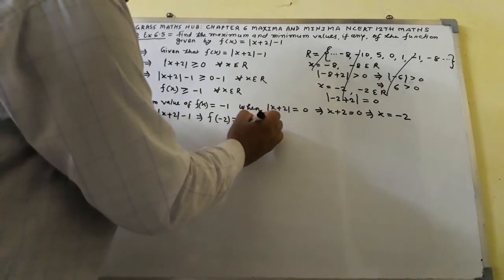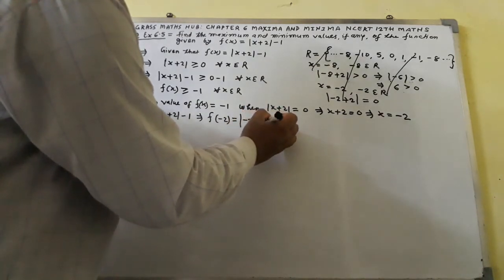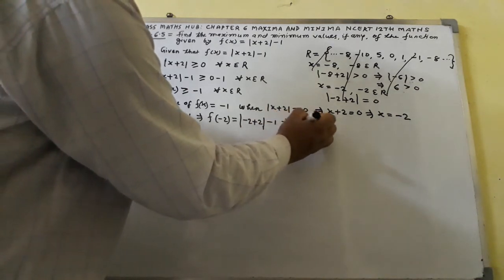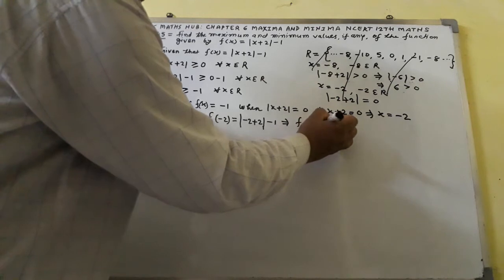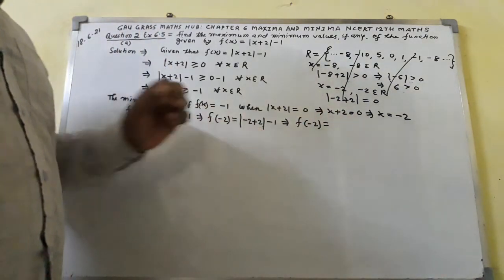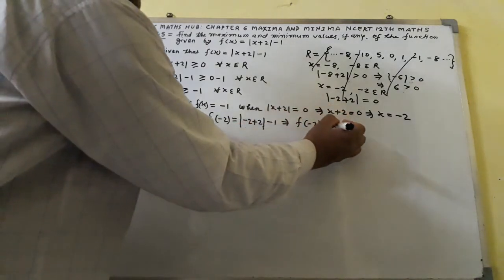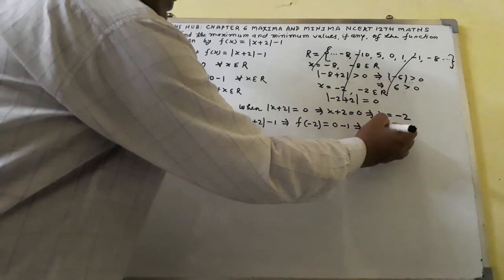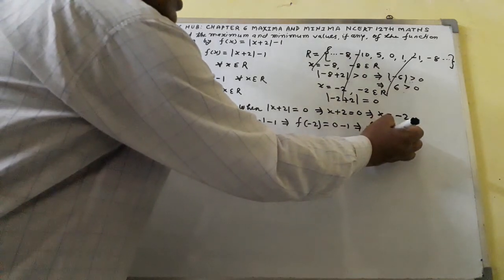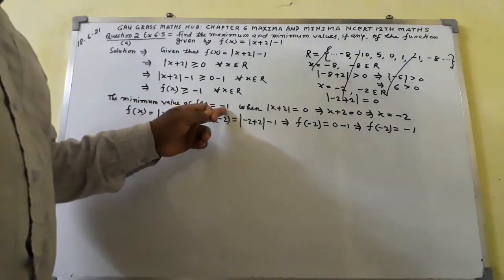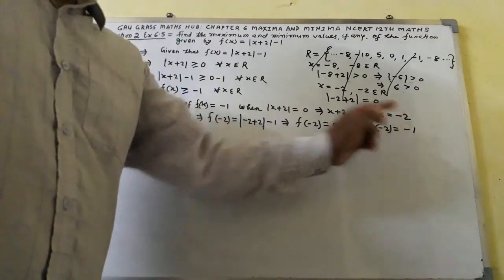Minus 2 plus 2 minus 1 implies that f of minus 2 equals minus 2 plus 2, which comes out to be 0. So here we will get 0 minus 1, which implies that f of minus 2 comes out to be minus 1. Same, the minimum value of f comes out to be minus 1.